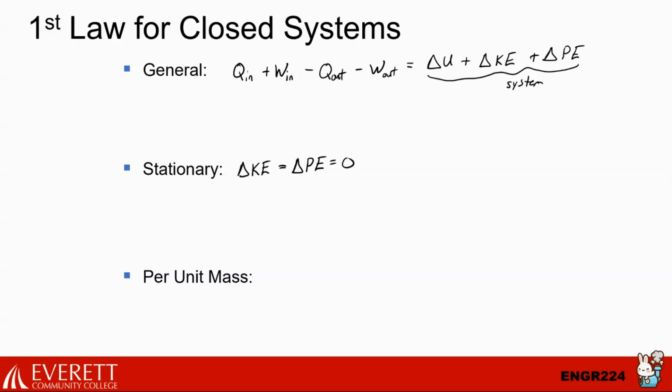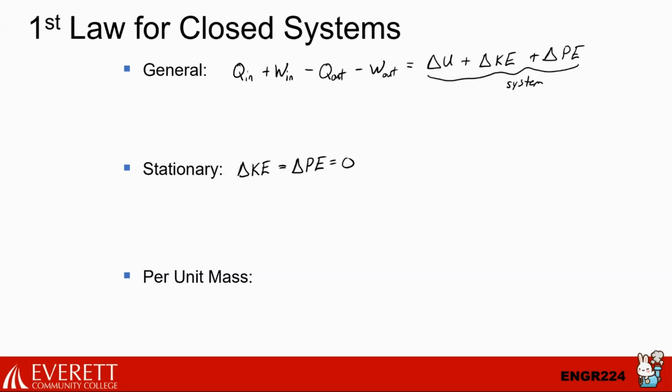An airplane in steady level flight, constant velocity, constant elevation is a stationary system. Kind of breaks your mind a little bit because you think it's moving, not stationary. But if it's not changing elevation and it's not changing its velocity, then we're considering stationary. So think statics, right? So no accelerations.